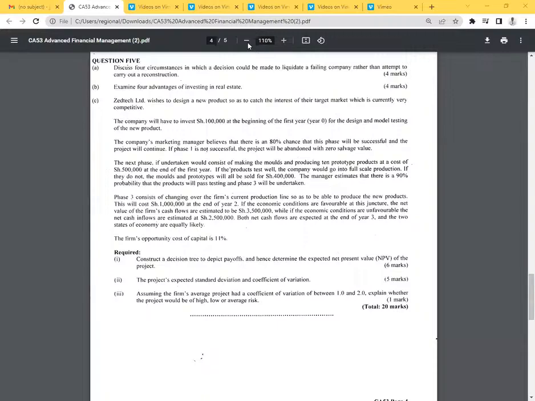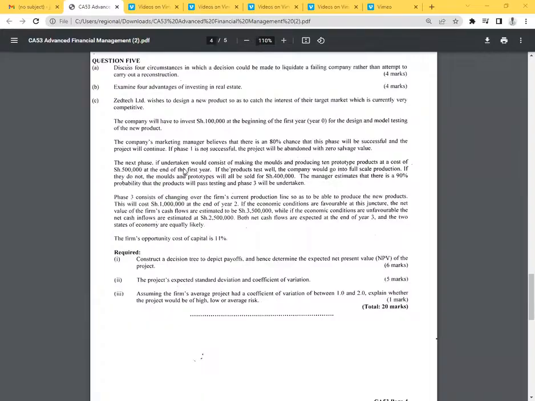Great. So I believe, ladies and gentlemen, that you have attempted it, and now Mwalimu should be able to simply finish it off. So what are we told here? TJ Limited wishes to design a new product so as to catch the interest of their target market, which is currently very competitive.